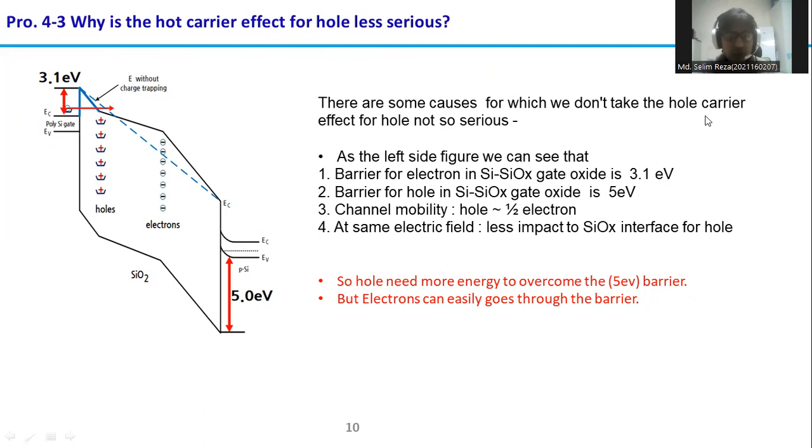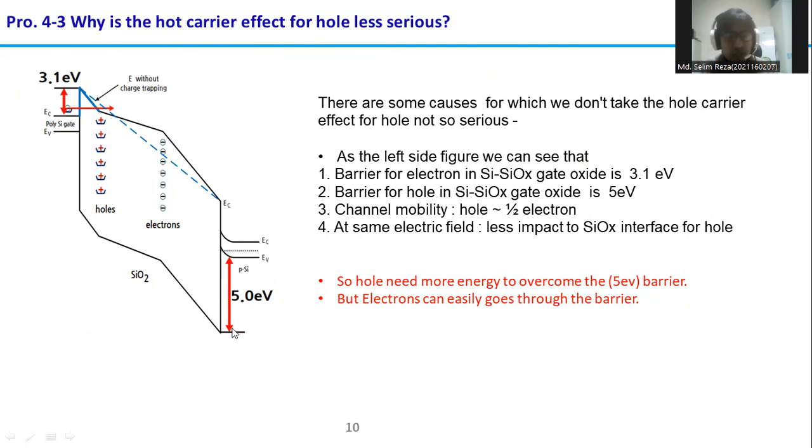We can see in the left side figure that the barrier for the electron is almost 3.1 electron volts, but for the hole it is 5.